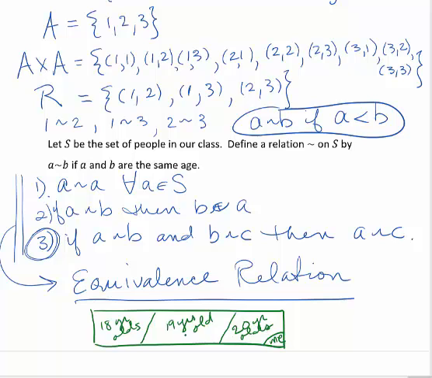But notice that the whole class is subdivided into what we call equivalence classes.